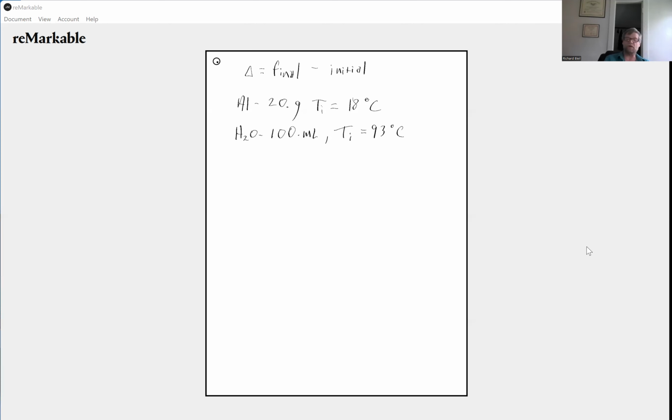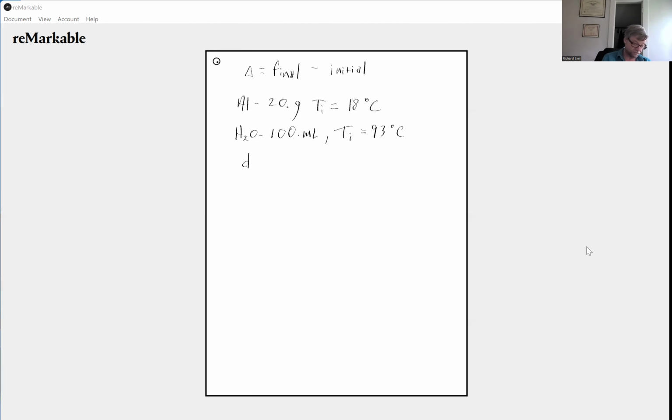The density of water, which we never talked about before: density is the mass of the material per some given volume, usually gram per milliliter.